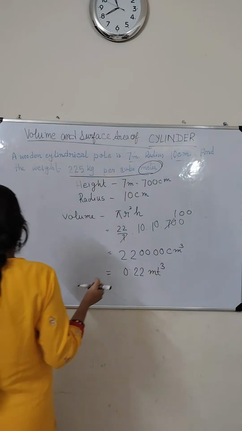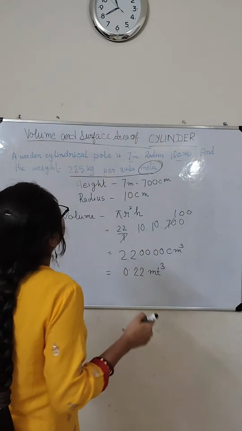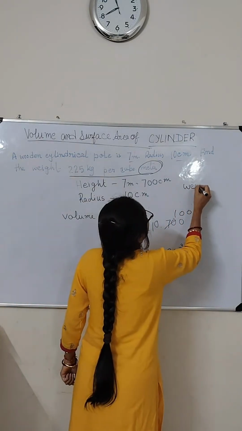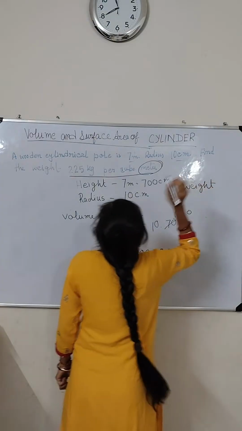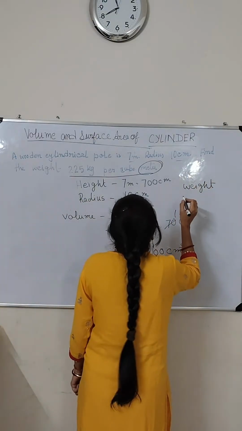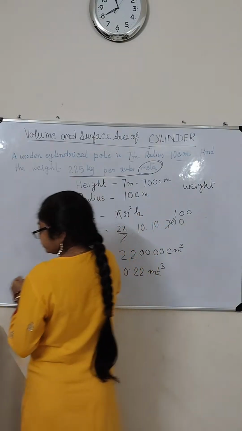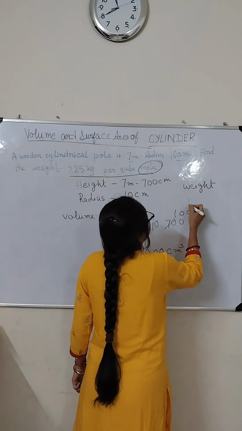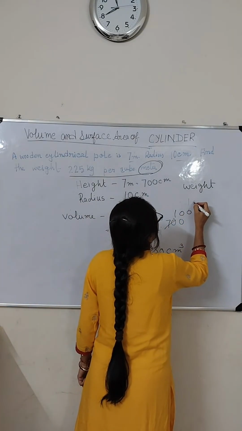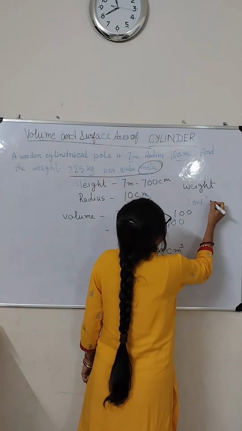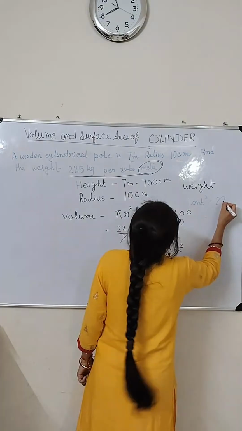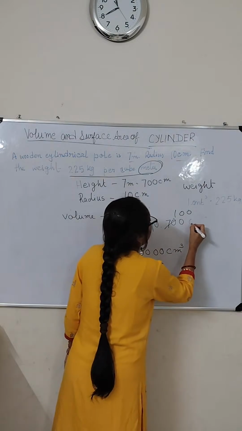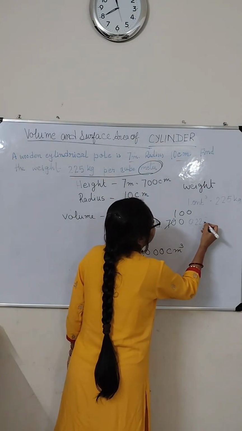What is the weight? 1 cubic meter is 225 kg. Weight of 1 cubic meter is 225 kg, and ours is 0.22 meter cube.